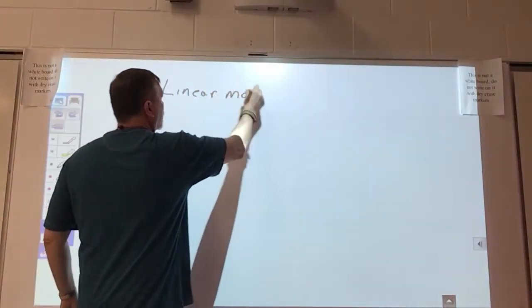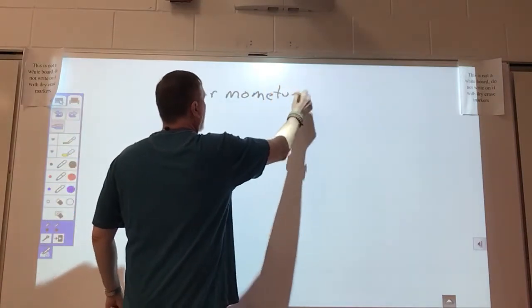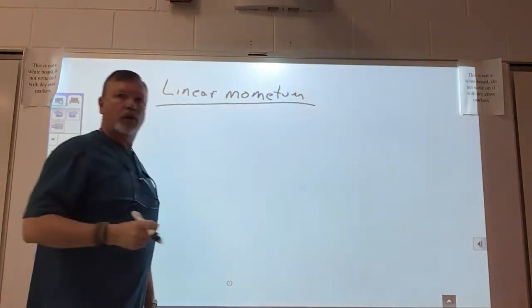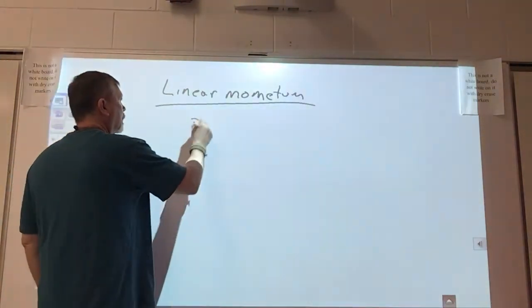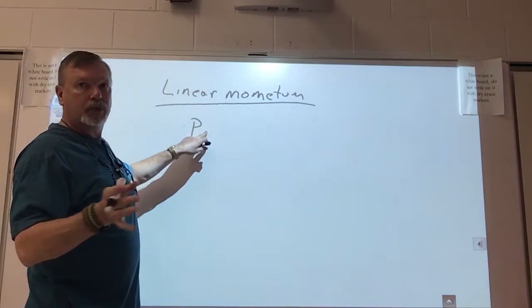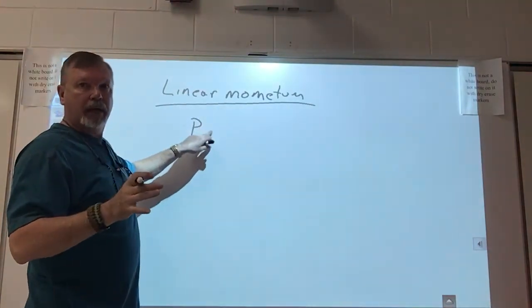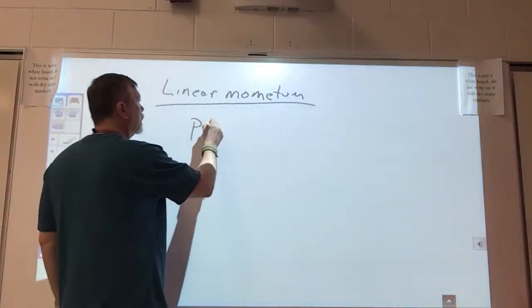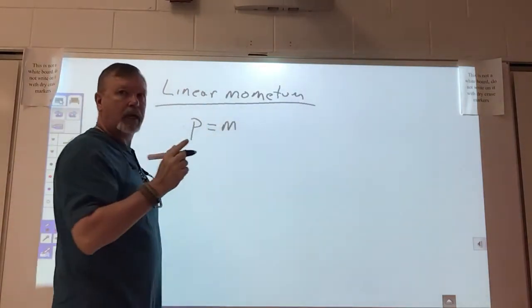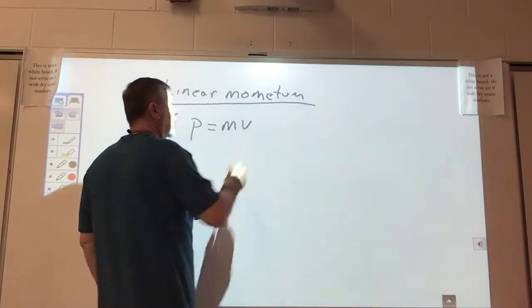Again, it's that resistance to change in motion, but what is it mathematically? How do we come up with a number for that? P. I know that was called period before for Kepler. In physics, P represents momentum. So momentum is equal to the mass of the object you're looking at times its velocity.